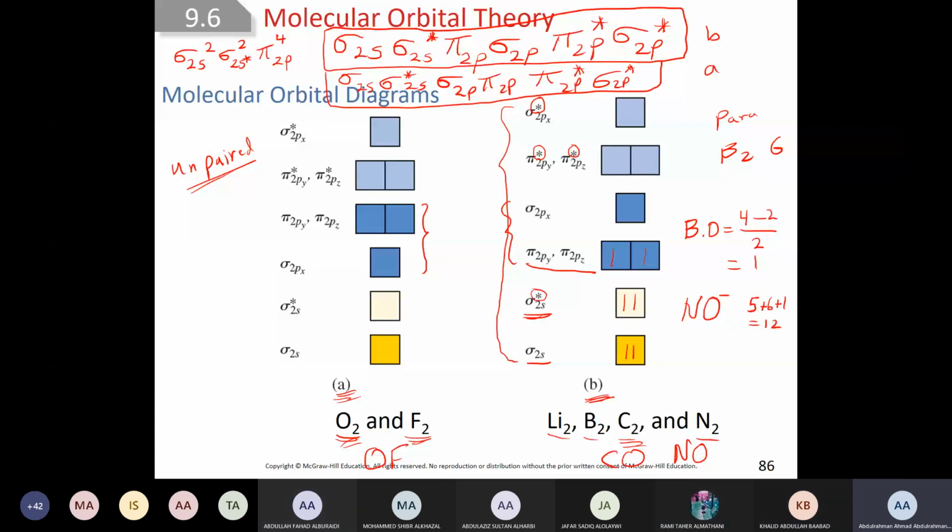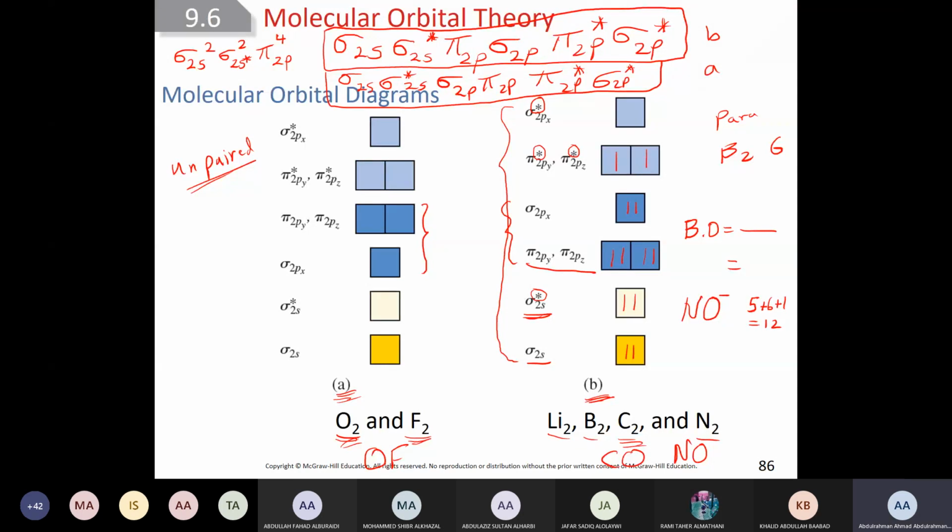Distribute them very quickly. 1, 2, 3, 4, 5, 6, 7, 8, 9, 10, 11, 12.